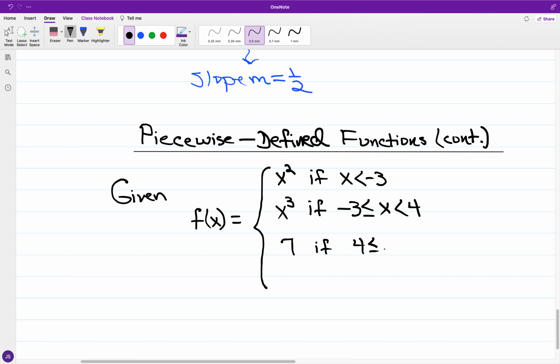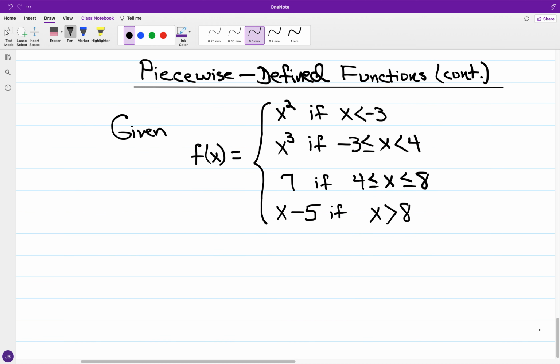And then as the remaining category, we'll have that f of x is equal to x minus 5 if x is greater than 8.